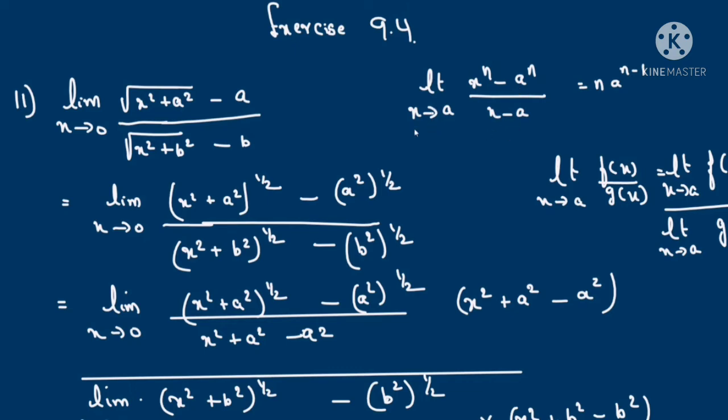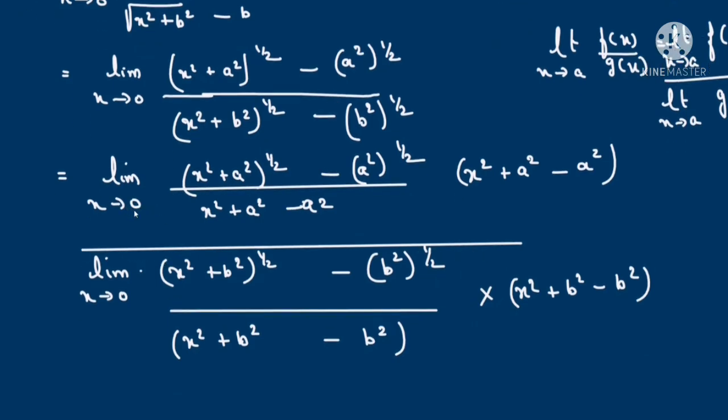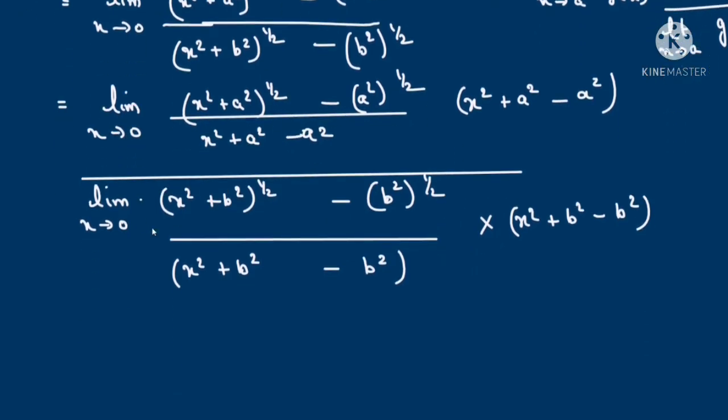But what about the limit? Limit x tends to a should be there. But here we have limit x tends to 0. But we can change this. When x tends to 0, you know x square tends to 0. Add a square on both the sides.